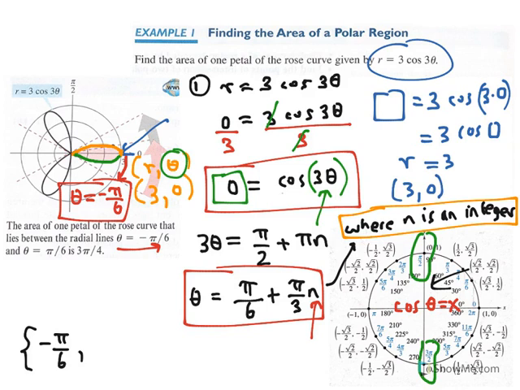And if you let n be equal to 0, then you'll have pi over 6 plus 0, which will give you pi over 6.